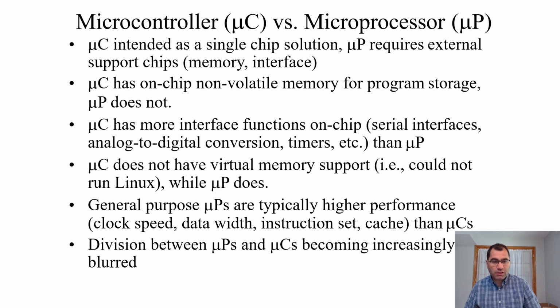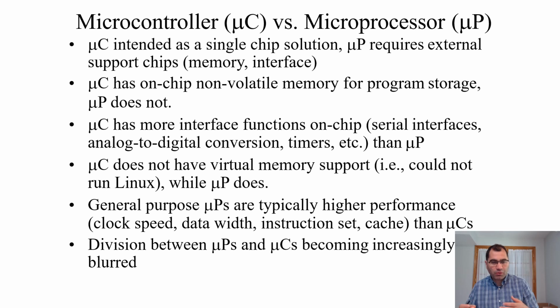Another difference is that microprocessors obviously have higher performance in terms of clock speed, data width, instruction set and cache. In all these aspects, a microprocessor has higher performance than a microcontroller. But again, we might have talked about this before, the difference between microprocessors and microcontrollers is increasingly blurred.